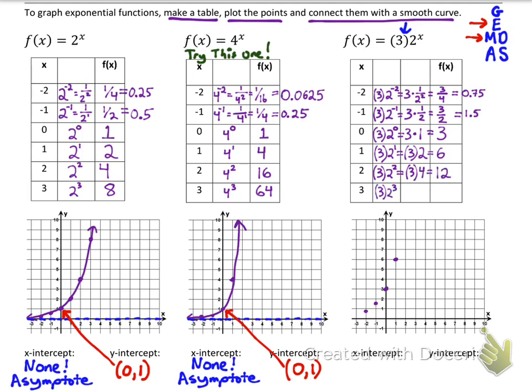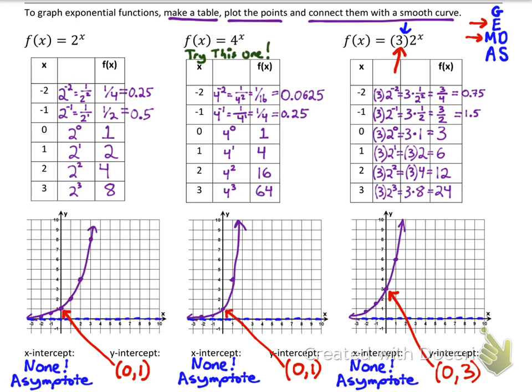And 2 cubed is 8, 3 times 8 is 24. So notice, those get off the graph very quickly, but we can still plot those first 4 points. And we connect those, and I'm going to go ahead and draw the asymptote that we know is there, because there's no x-intercept again, and the y-intercept became 0, 3 because of the 3 that's in front.